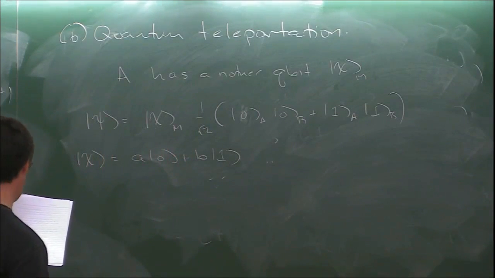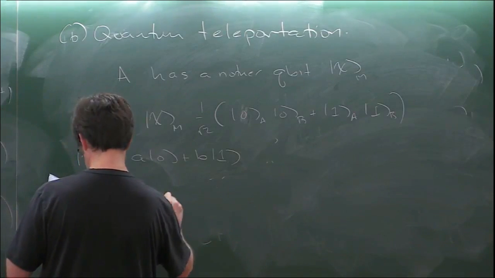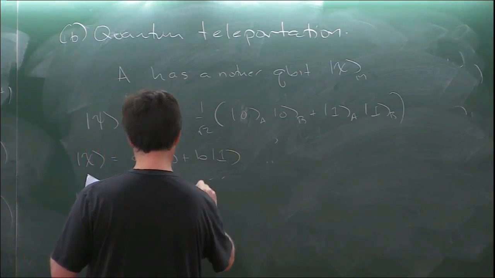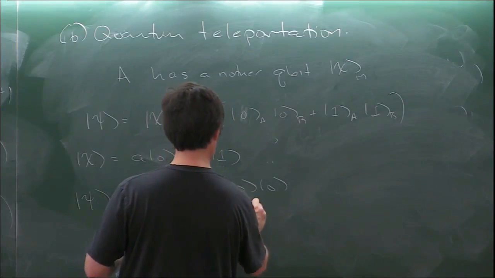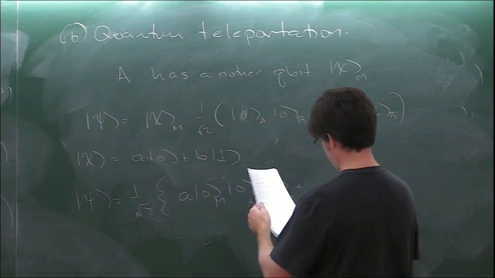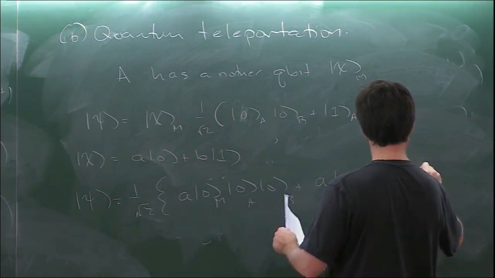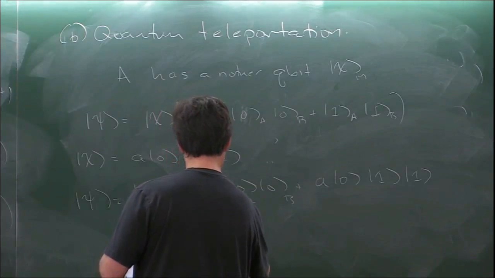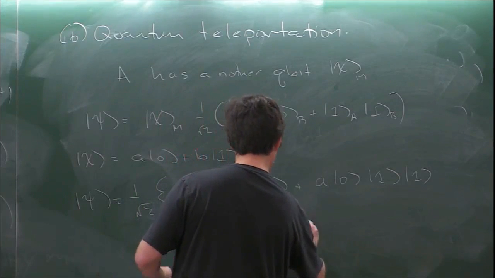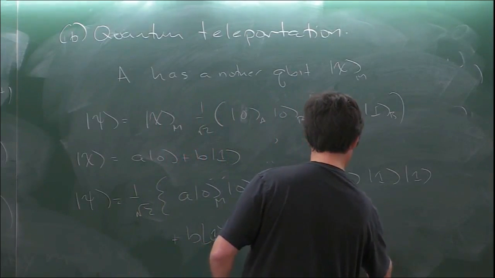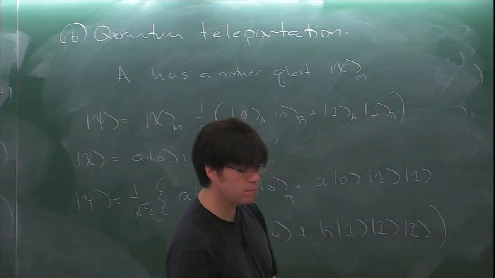And I can now expand out psi as 1 over root 2 times alpha 0M 0A 0B plus alpha 0M 1A 1B plus beta 1M 0A 0B plus beta 1M 1A 1B, like so.